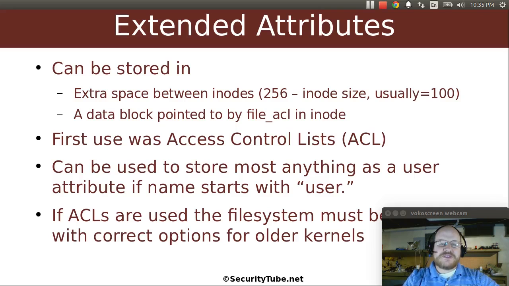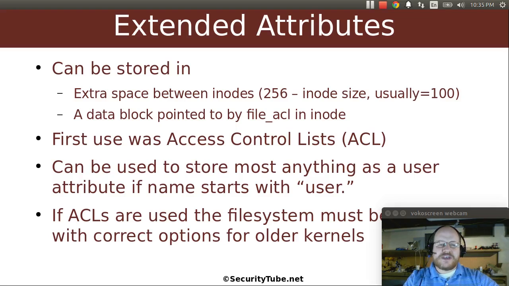So that gives you an extra 100 bytes. You can also store these extended attributes inside of a regular data block. You just have to point an element in the inode called file ACL to the data block.